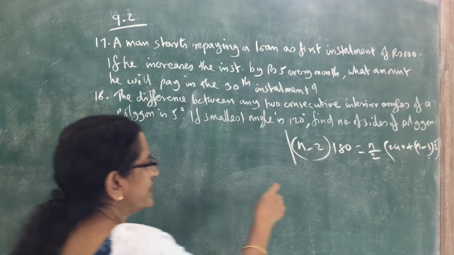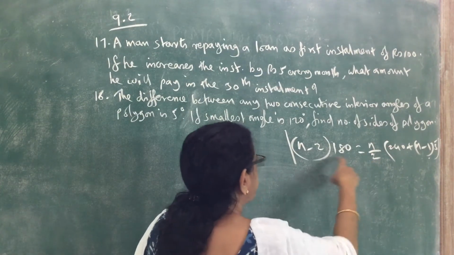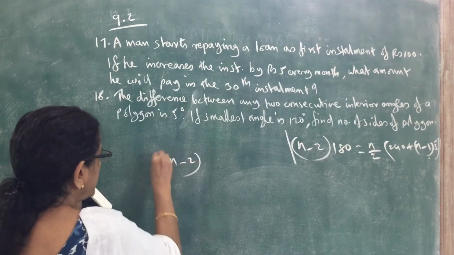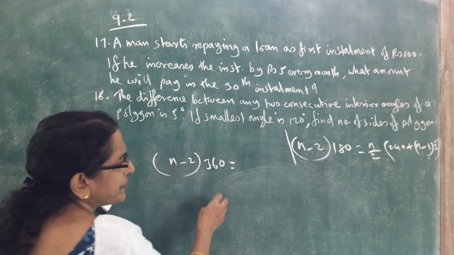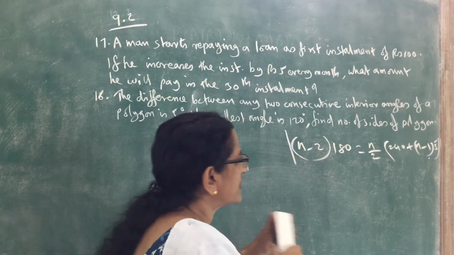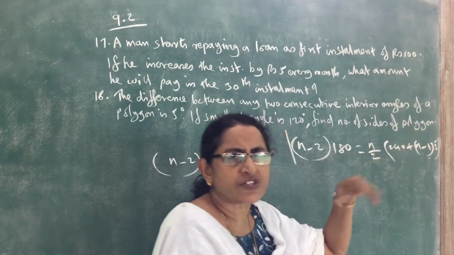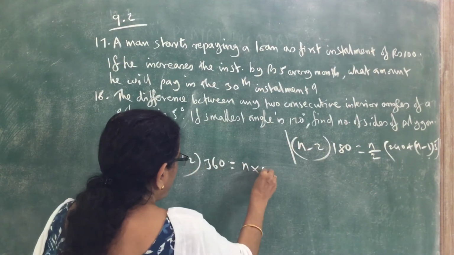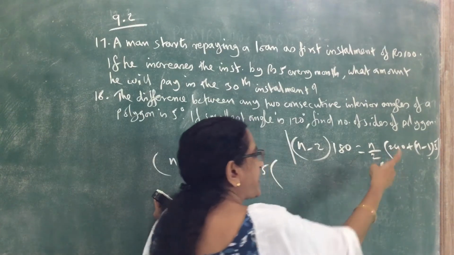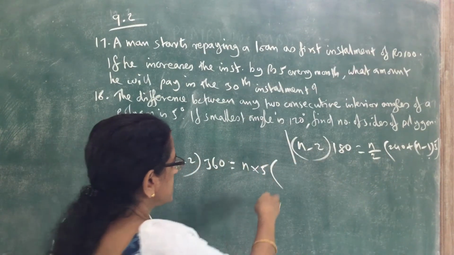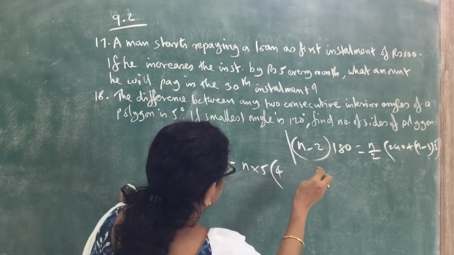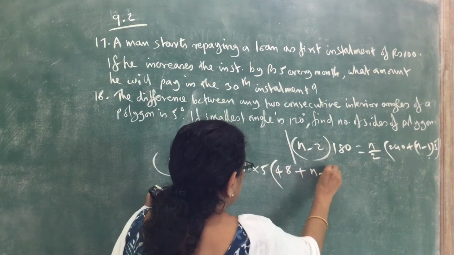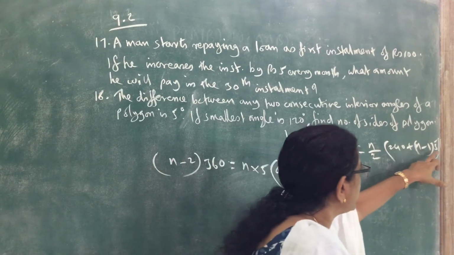Cross multiplying the 2, we get n minus 2 into 360 equals n into 5 times 48 plus n minus 1, taking 5 common from 240 and from n minus 1 into 5.